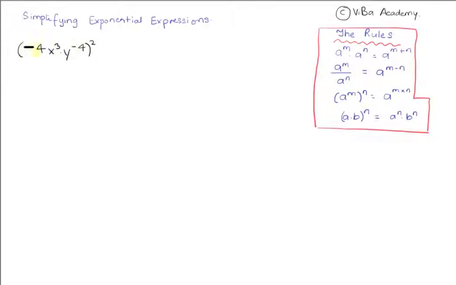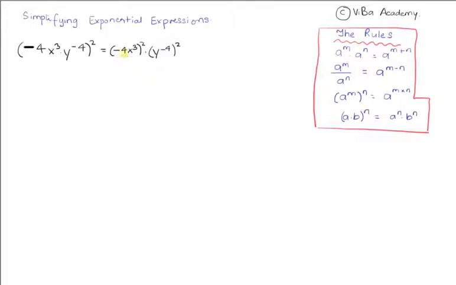Now, since it's a product of expressions, I'm firstly going to use this rule where if I have a product and the entire product is raised to another exponent, that exponent gets distributed evenly among the factors. So this is going to be negative 4x cubed, I'm first going to distribute the 2 like that, times y raised to negative 4 squared.